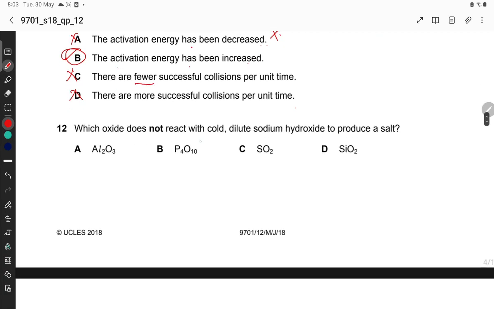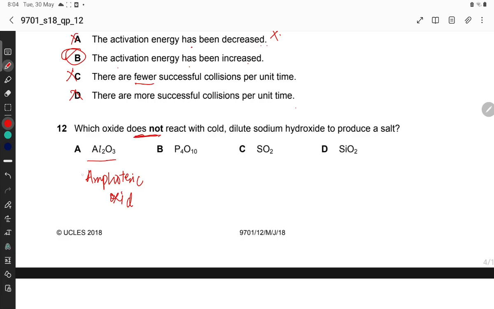Which oxide does not react with cold dilute sodium hydroxide to produce a salt? In the options we have aluminum oxide. Aluminum oxide is an amphoteric oxide, so it can react with both acids and alkalis to form salt and water.